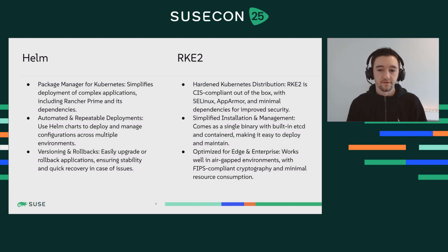So we have a hardened Kubernetes distribution here. As I said, it's really simple to get it up and running, and it's even optimized for Edge and Enterprise. If you cannot use K3s, for example, you can use RKE2 even on the Edge because it works well with air-gapped systems, and it even has FIPS compliance and all that stuff.